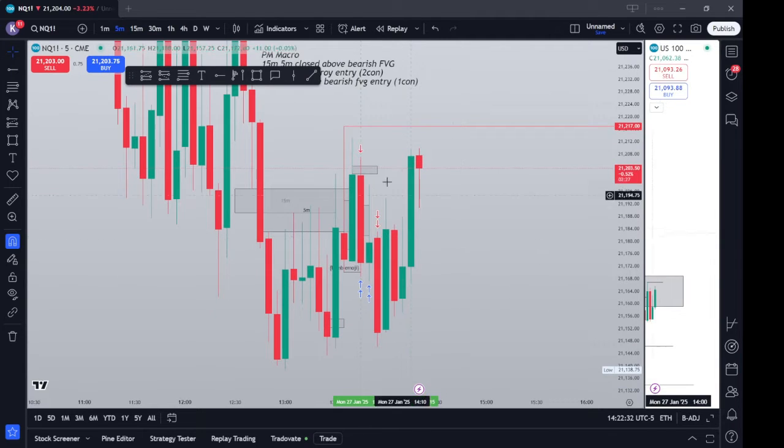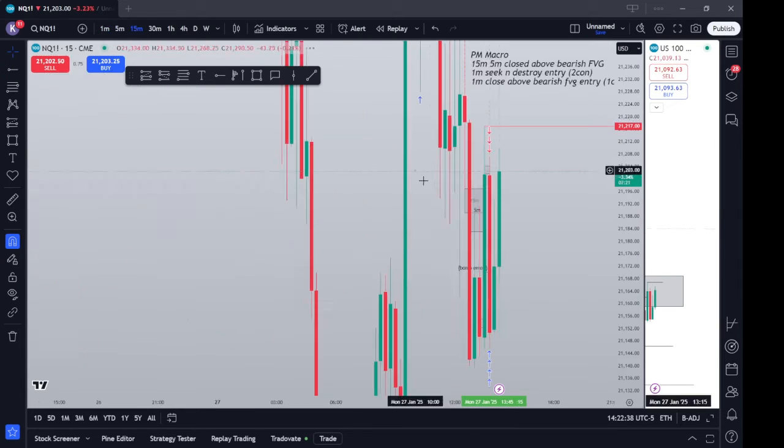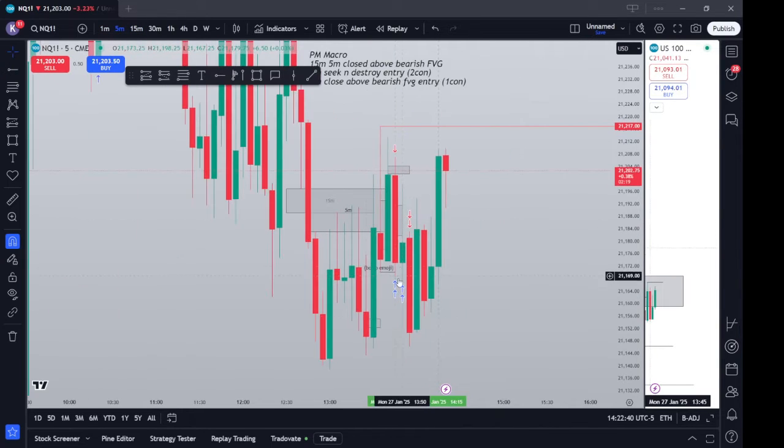You know what's really funny right now? Price stopped me out over here and now it's coming up, and on the 5 minute it looks like price is just flicking me off right now. Price is literally flicking me off, stopping me out and then going up. You can't make this up.